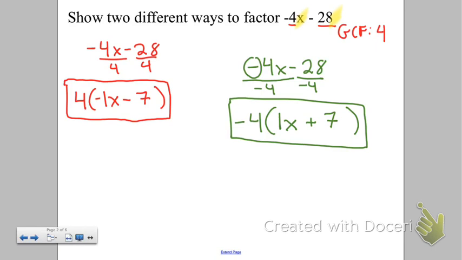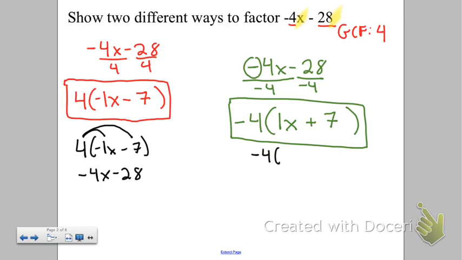Even though these two answers look different, they are the same thing. We can use the distributive property to check. If I distribute this 4, 4 times negative 1x is negative 4x, and 4 times negative 7 is negative 28. So I get the same expression from the beginning.